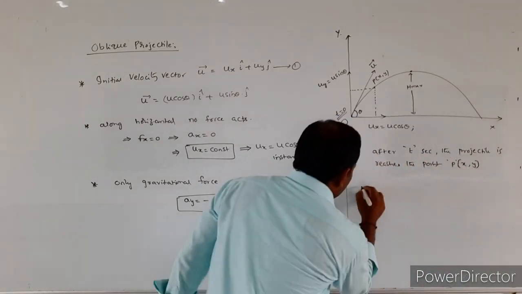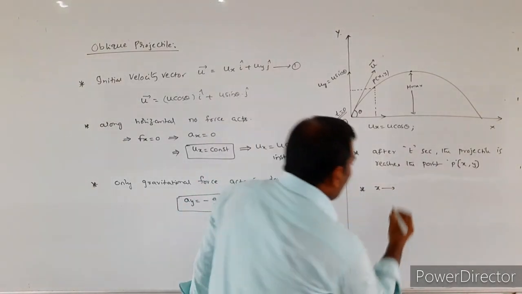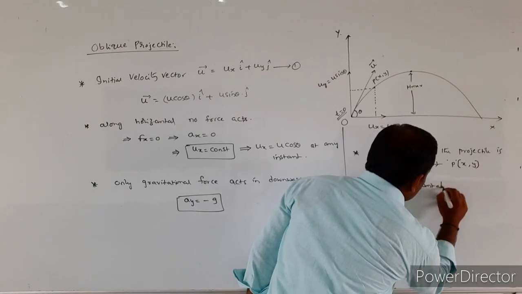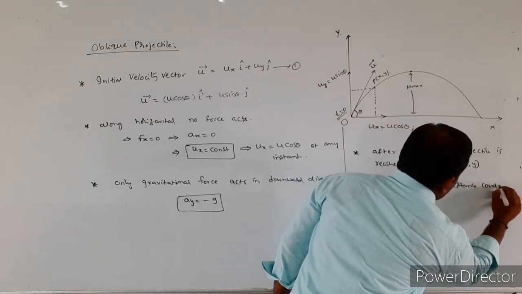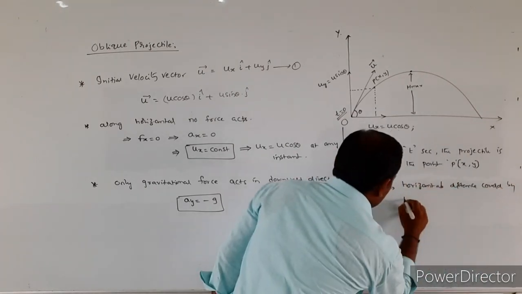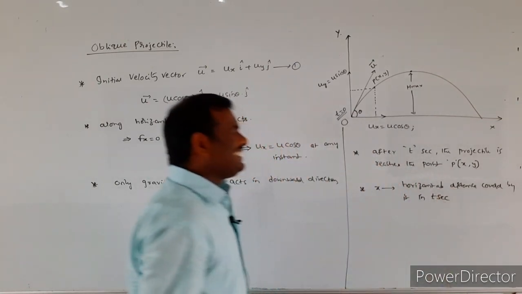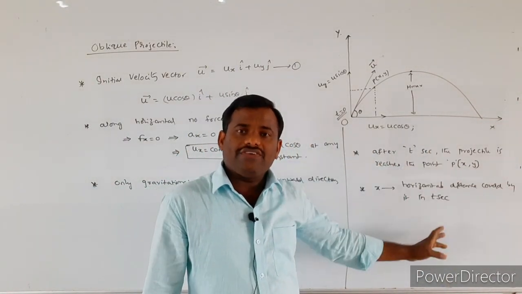Here x denotes the horizontal distance covered by it in t seconds. So x indicates the horizontal distance covered by the projectile in the first t seconds.